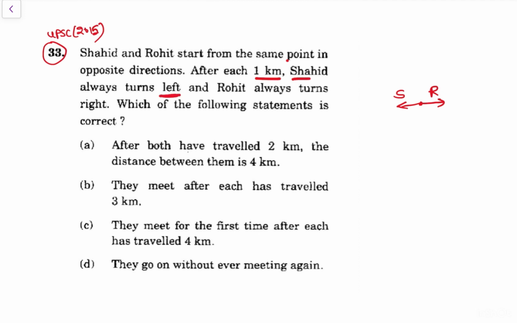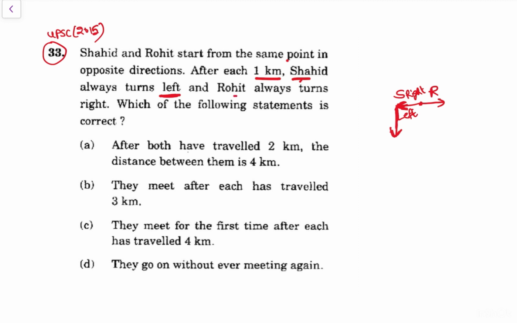Shahid is facing towards this thing, right? So शाहिद का लेफ्ट हैंड क्या होगा? शाहिद लेफ्ट, ये लेफ्ट हैंड इस तरफ होगा, राइट हैंड इस तरफ होगा. सो आफ्टर 1 किलोमीटर शाहिद टर्न्स लेफ्ट. So after 1 kilometer Shahid turns this side, left, he turned towards left.